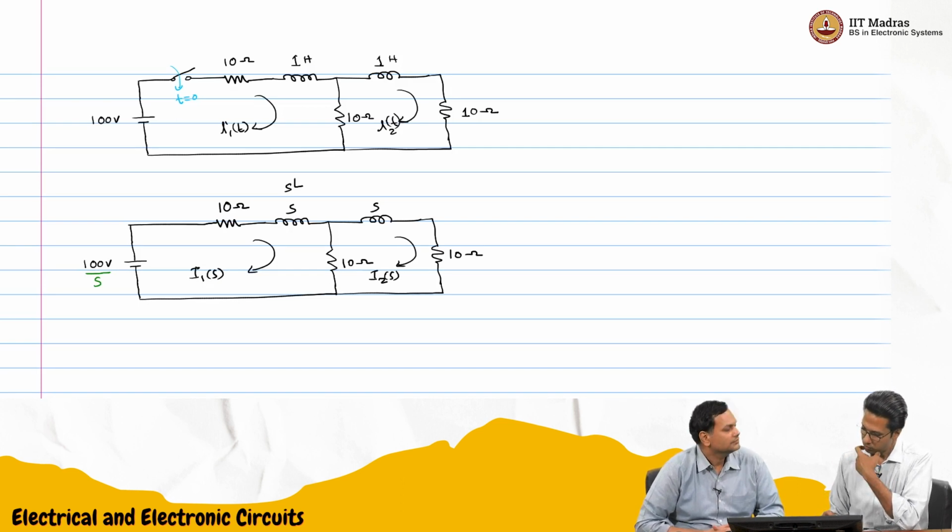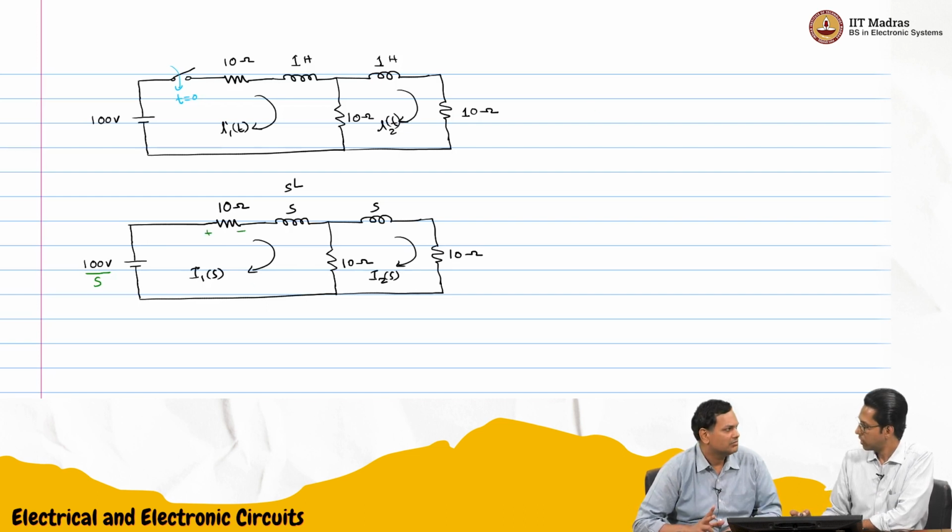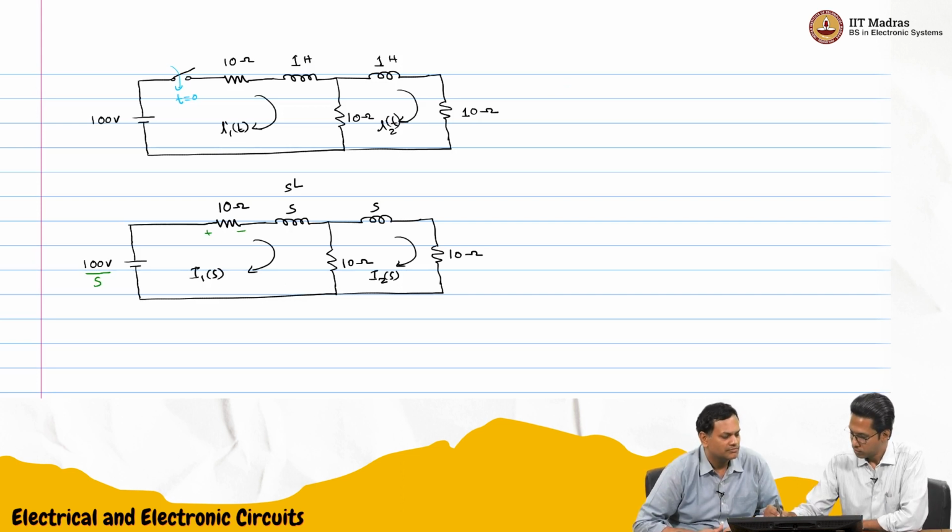So basically we will have two equations and two unknowns to solve for. Usual mesh analysis. We'll write for the first loop. When there is a voltage drop, we take minus.